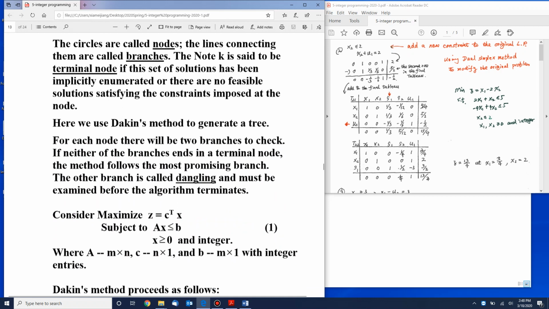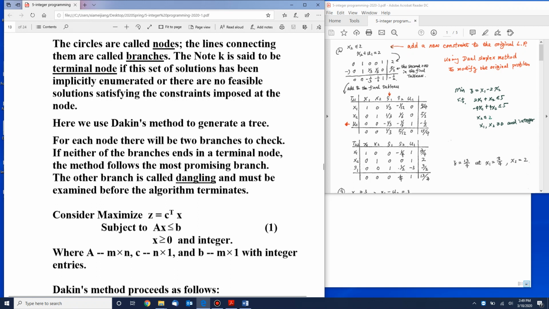If neither of the branches ends in a terminal node, then the method follows the most promising branch, and the other branch is called dangling and must be examined before the algorithm terminates. A node K is said to be a terminal node if the set of solutions has been implicitly eliminated, or there are no feasible solutions satisfying the constraints imposed at the node.